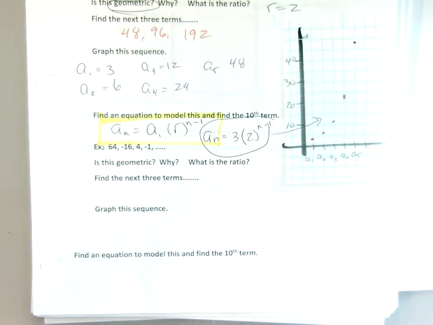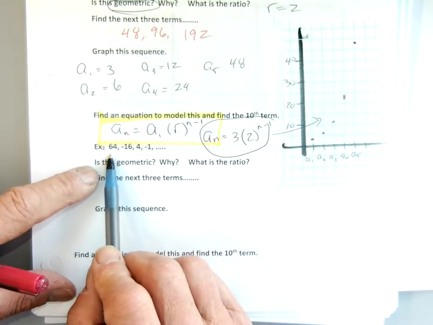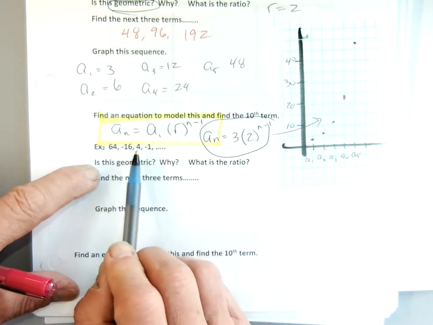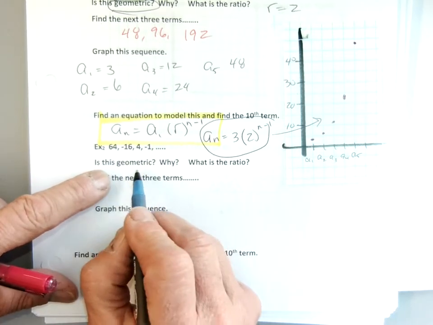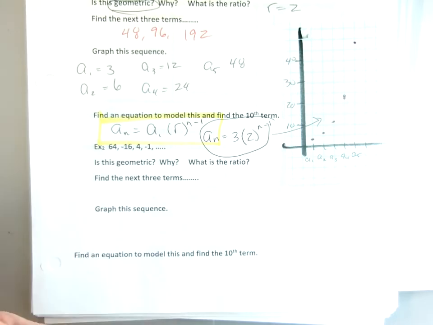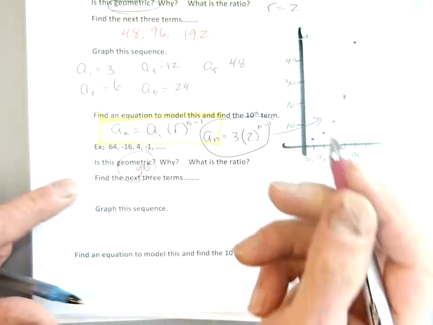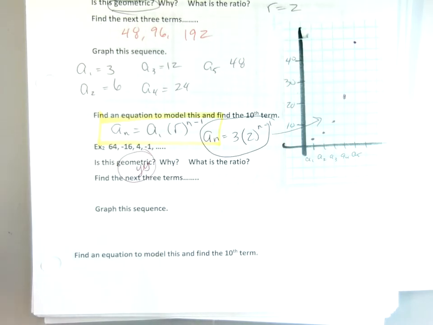Okay, let's look at example 2. 64, negative 16, 4, negative 1. Is this geometric? Yes or no? Okay, say yes. I think it is. So what do I see? What do you see? What's going on? Anybody? Can anybody tell me what's going on? Yeah, Grace?